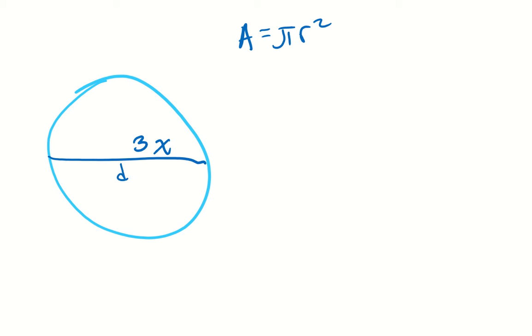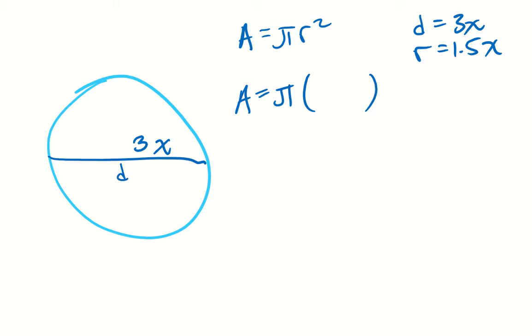And then we don't know what r is, though, but we know what d is. This is the diameter, right? So the radius is half the diameter. So d equals 3x, r equals 1.5x. It's just half of d. So then we've got A equals pi times, this is going to be the important part where people will probably make mistakes.